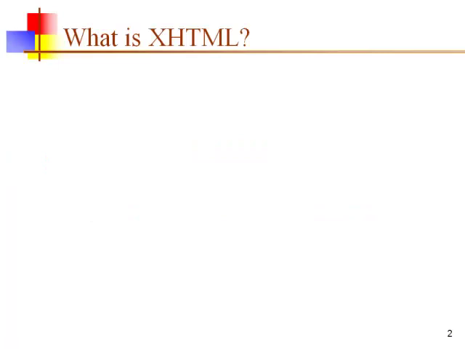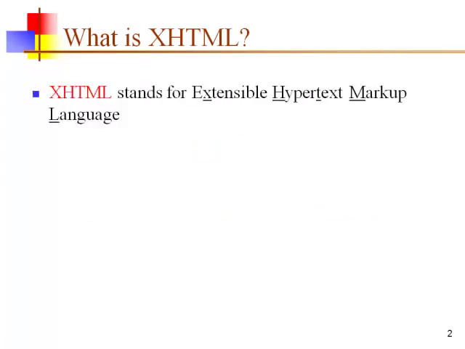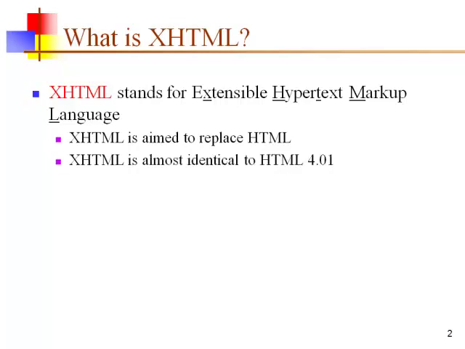Friends, what is XHTML? First of all, XHTML stands for Extensible Hypertext Markup Language. XHTML is aimed to replace HTML. Of course, most of the people know HTML, and if you don't know, don't worry friends, I'll make it clear, because XHTML and HTML are similar, but there are some differences between them.